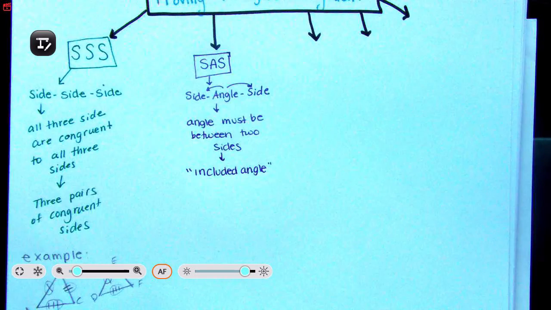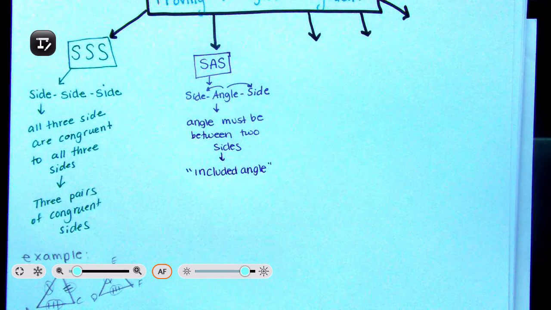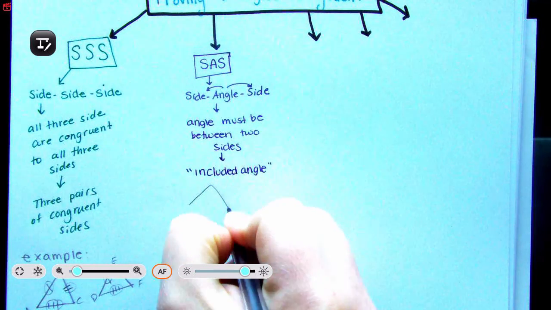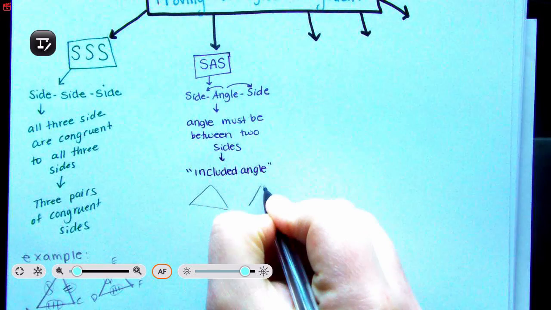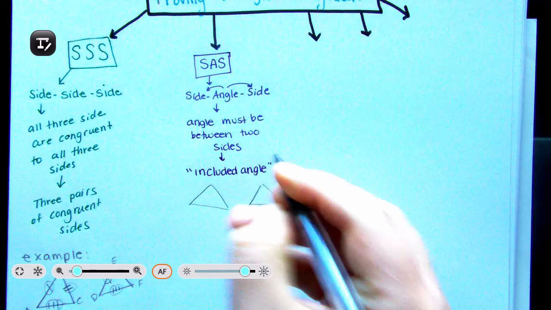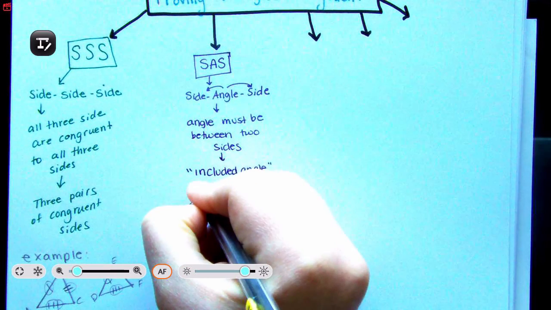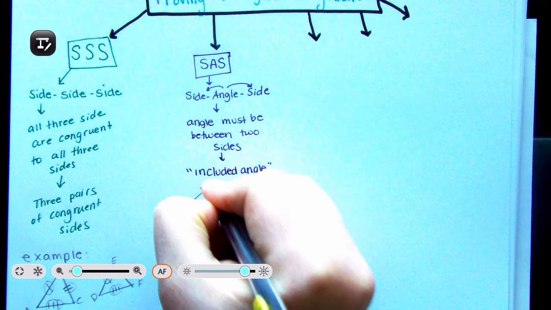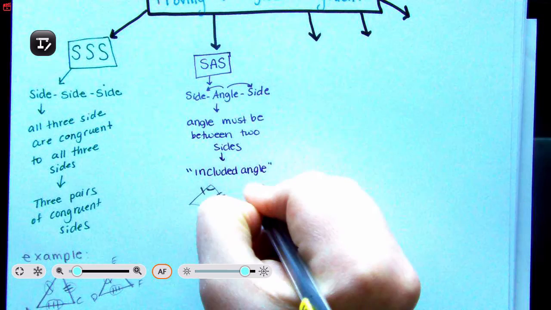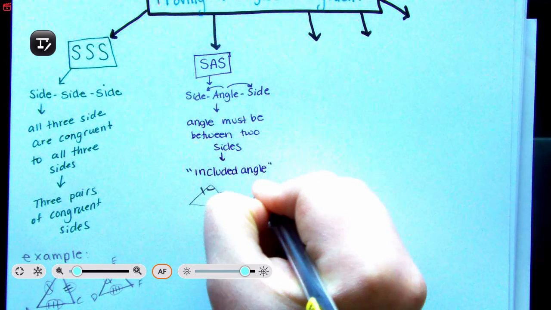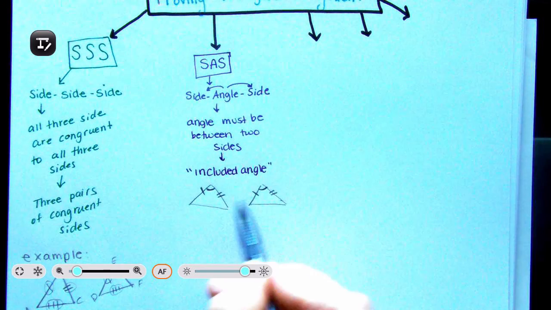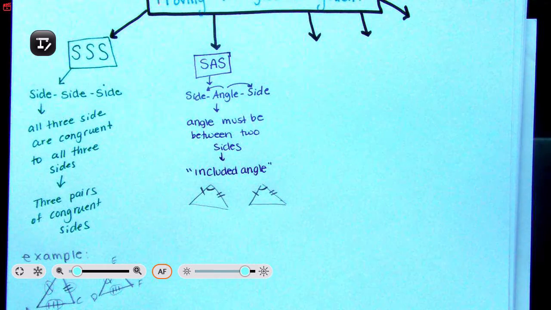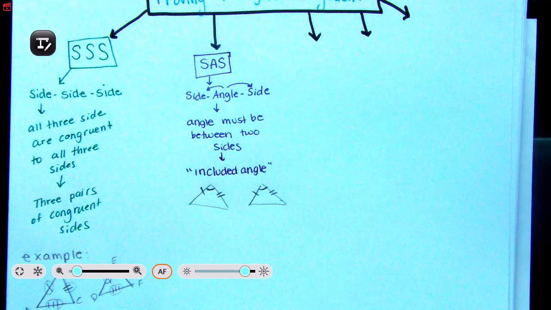So what that means is on one triangle, if you have a side, an angle on the inside, and a side, congruent with a side, angle on the inside, and a side, if these match up, then you have triangle congruence.